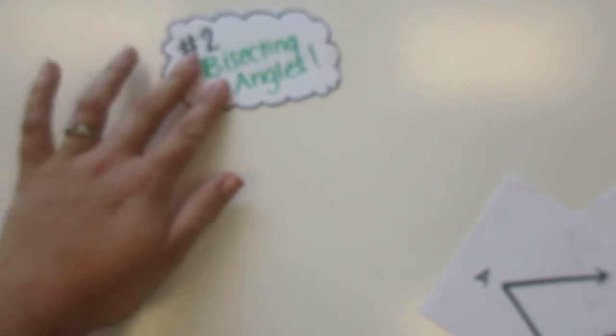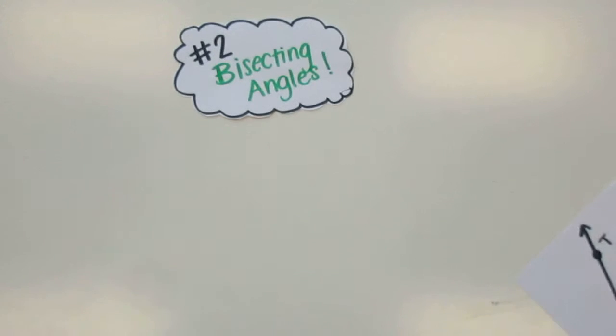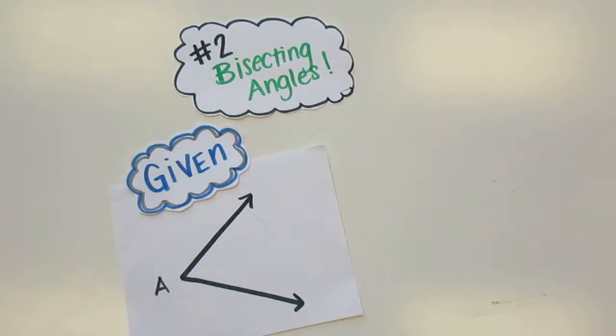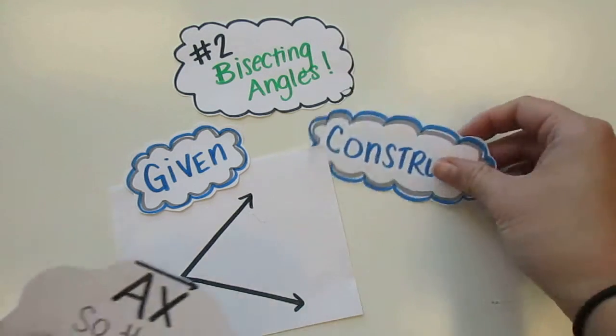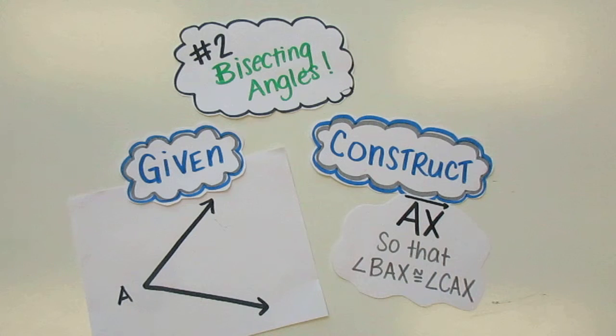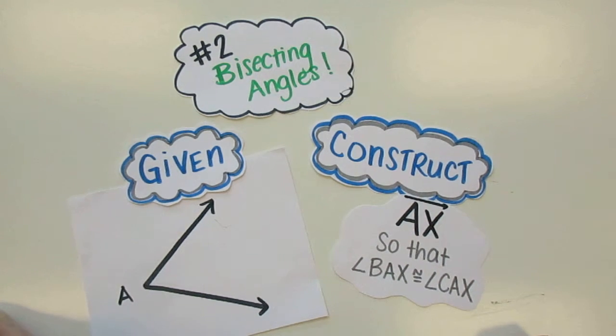Now the second construction that we're going to do is we're going to construct bisecting angles. To do that, again, we're going to be given our angle A. This time though, we are constructing a ray, a little symbol ray, it's pointing one direction, AX, so that the angle BAX is congruent to the angle CAX.